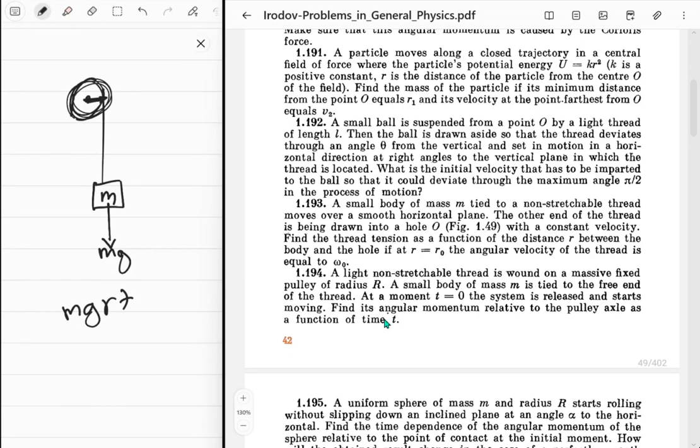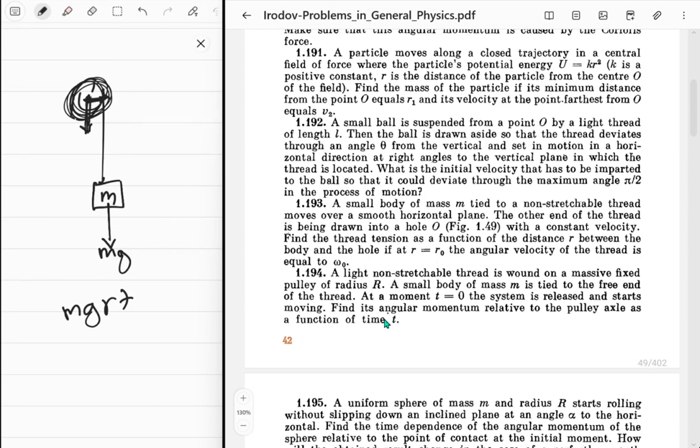Relative to the pulley axle. What? Did I miss something? It's massive and everything, yes. But mg on this pulley is acting like that. The tension forces are internal, they don't do anything.